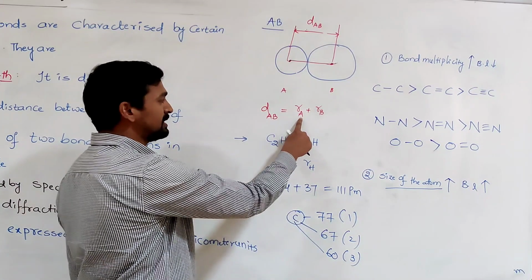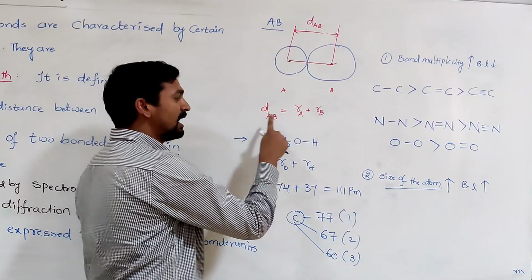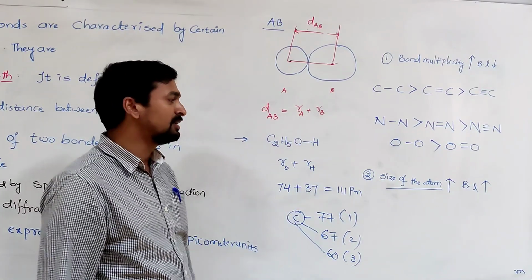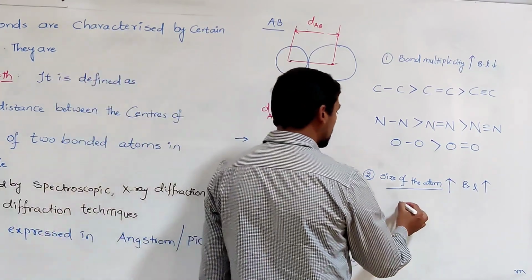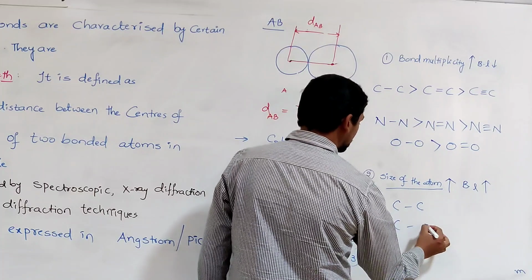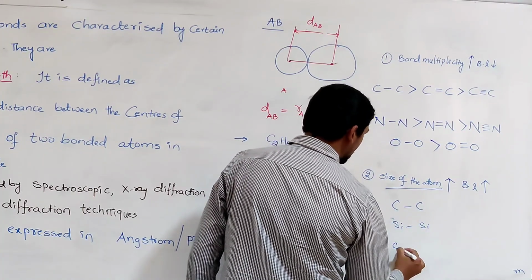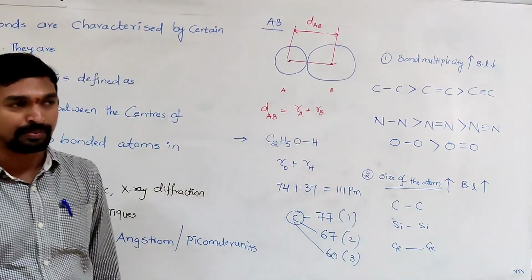When the radius increases, the bond length also increases. That's why as the size of the atom involved in the bonding increases, the bond length also increases. For example, silicon and germanium. All these belong to the same group.